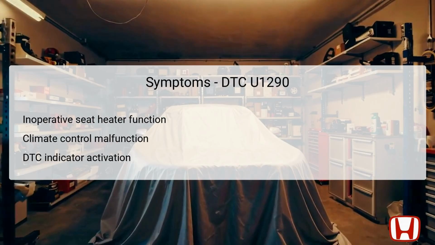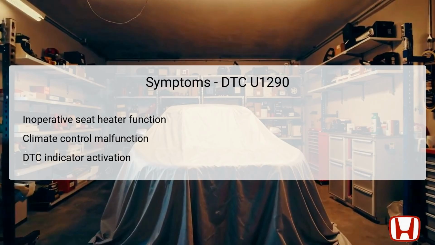When experiencing DTC U1290, several symptoms can surface that indicate the underlying issue. A primary symptom is the inoperative function of the seat heater, potentially rendering it useless. Drivers and passengers may notice that even when requested on the climate control unit, the seat heaters do not activate.